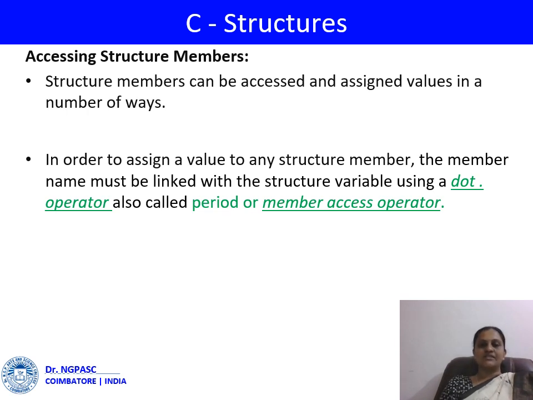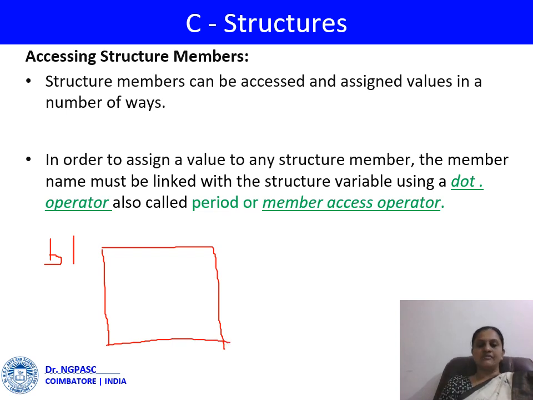Once a variable is created, for example for this book structure, I'm going to create a variable called book1, and when I create the variable, the memory will be allocated automatically. So keep it in mind: during the definition, the memory will not be allocated. Only when the variable is created, the memory will be allocated.